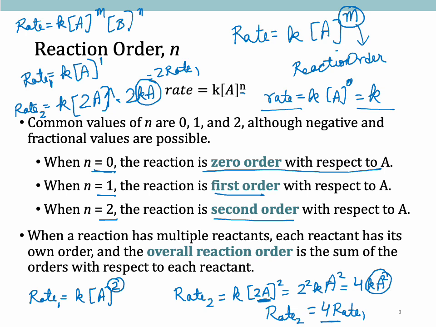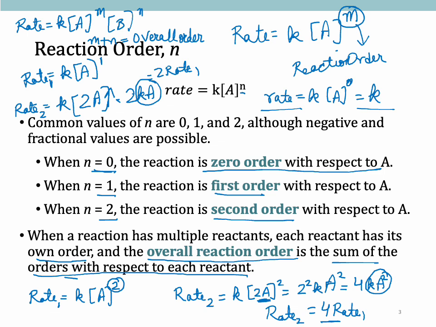Let me repeat that. m is the order of the reaction with respect to A, n is the order of the reaction with respect to B, and m plus n is the overall order of the reaction. So when a reaction has multiple reactants, each reactant has its own order, and the overall reaction order is the sum of the orders with respect to each reactant.